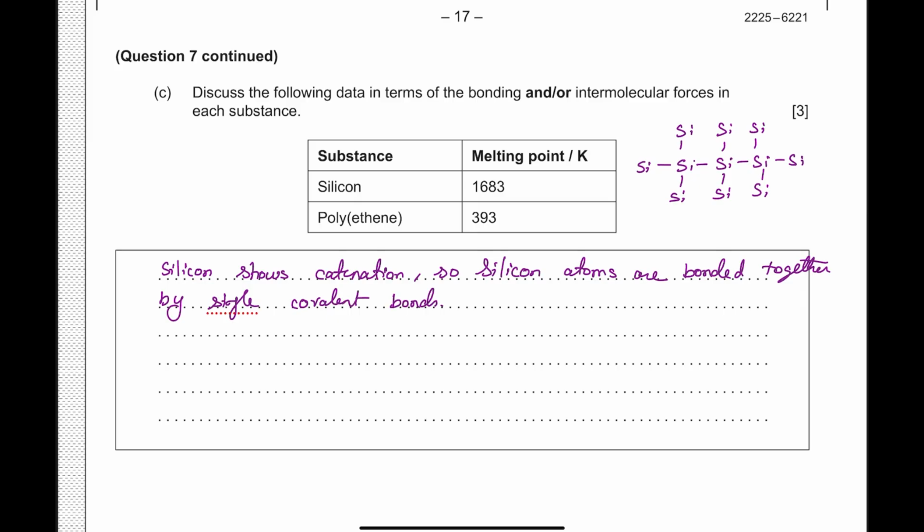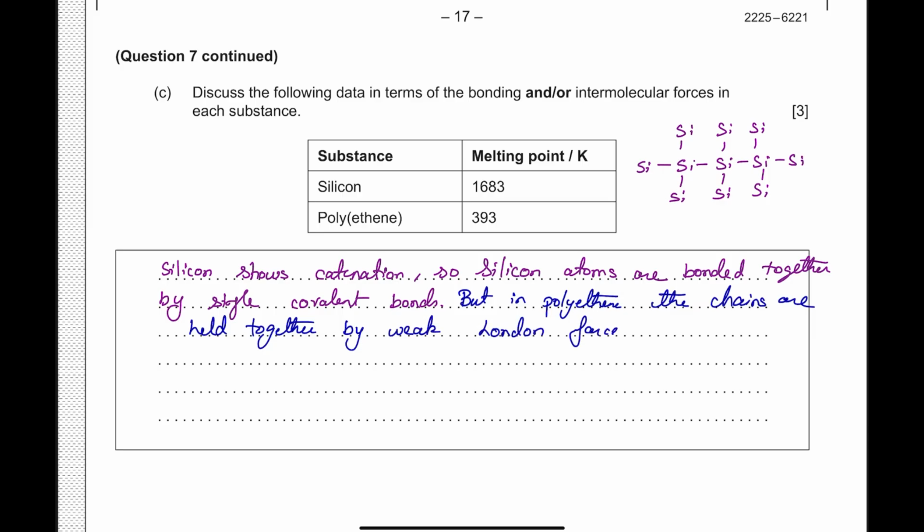So the chains of polyethene are held together by weak London dispersion forces, as polyethene is non-polar.